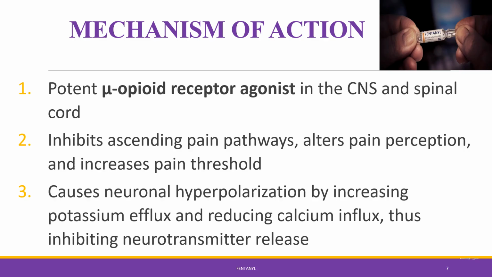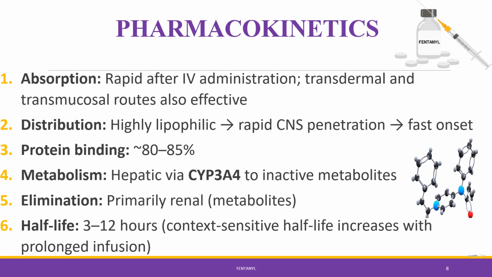Fentanyl acts on mu-opioid receptors in brain and spinal cord, blocks pain signals, changes how pain is perceived, and raises pain threshold. Calms neurons by affecting ion flow, stopping them from releasing signals.